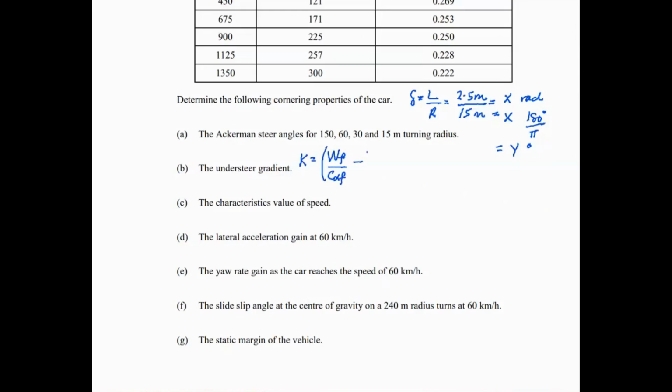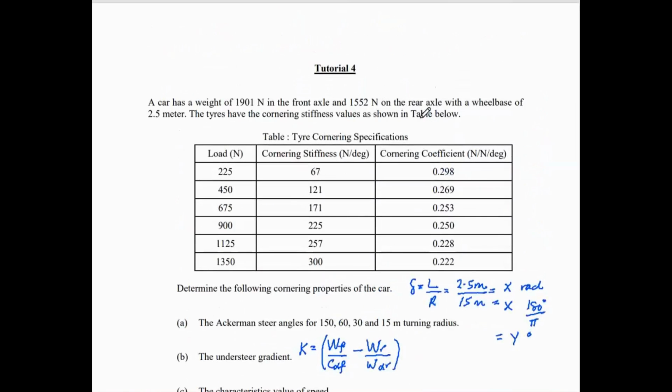In order to find the understeer gradient, we must know the cornering stiffness of the tires at the front load. For example, at the front axle, the tire load is 1901 Newton.